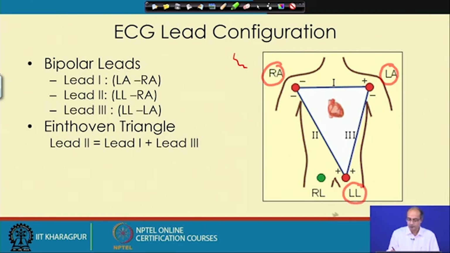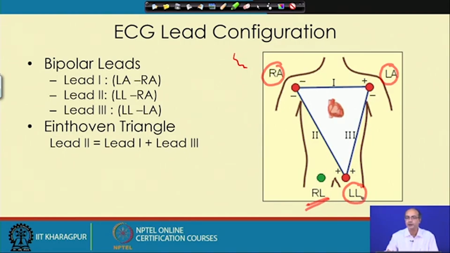The right leg is permanently grounded. These leads are used for the bipolar lead configuration, and the connection is not done in the shoulder or in the groin as shown in the picture.